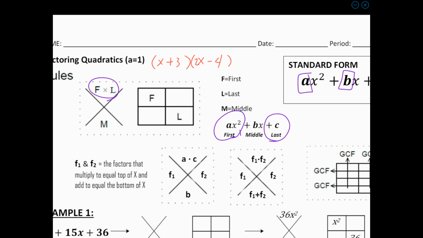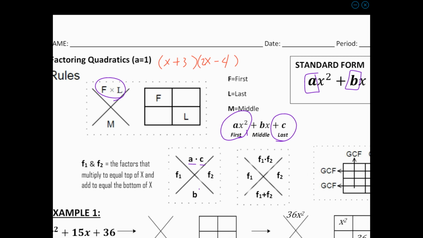I will just use the a and the c in this top portion. It just gets too jumbled up in there for me. So I don't include the x squared in there. Okay? And then the b, just the number, for the b.